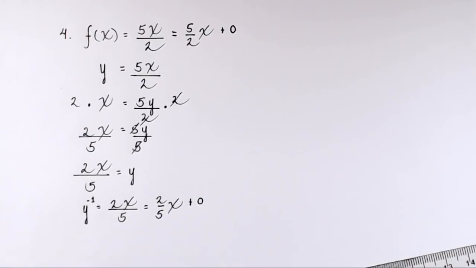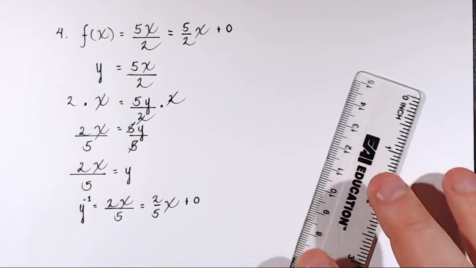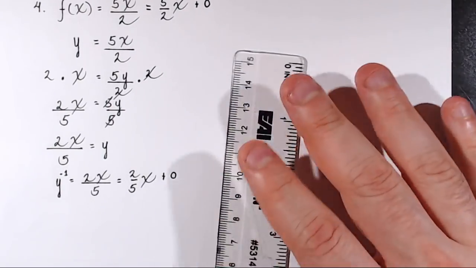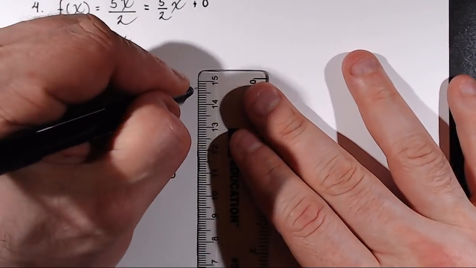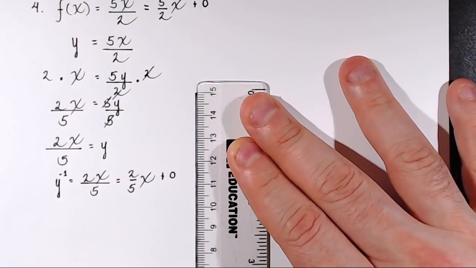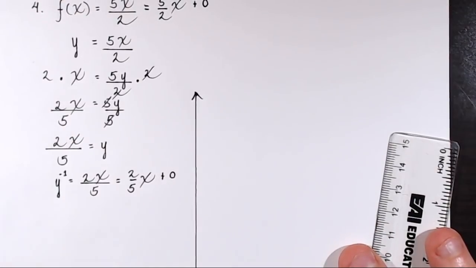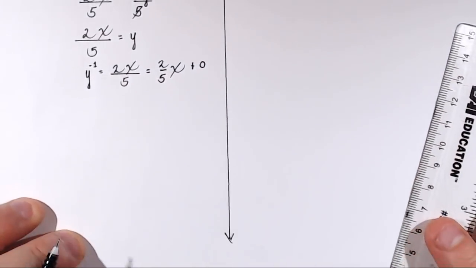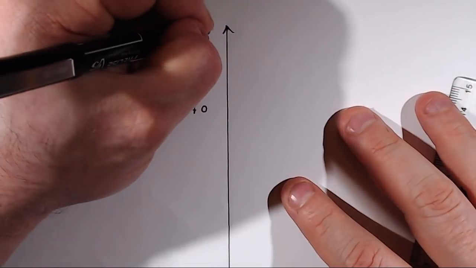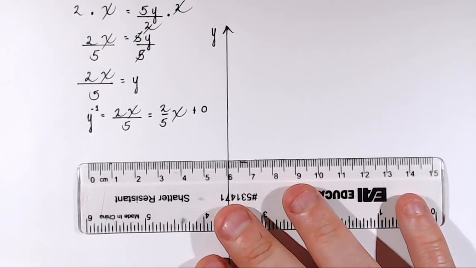Now we must graph. It has dawned. The time has come to graph. Let's graph. I'm going to draw my y-axis. And I'm going to label it y. And I'll draw my x-axis.